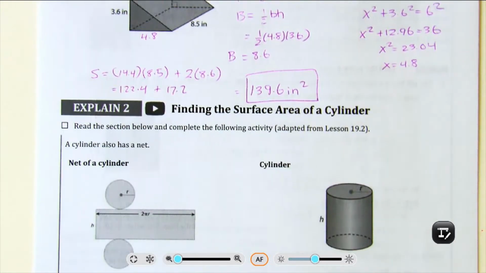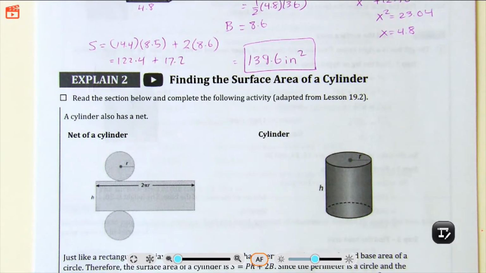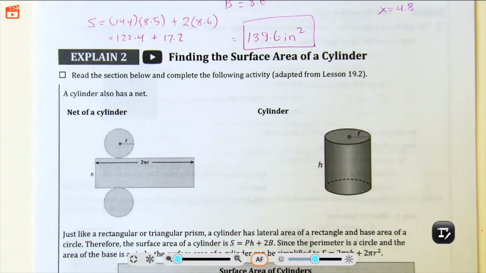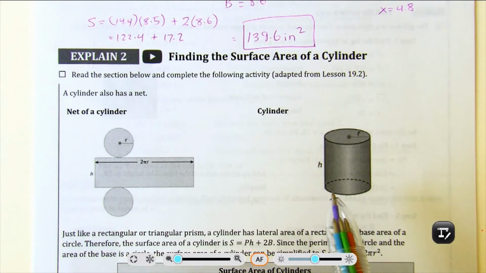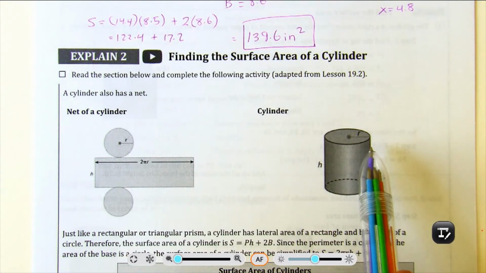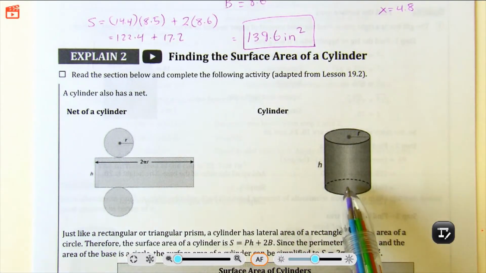Okay, so we're going to move on to how to calculate the surface area of a cylinder. Now, what this diagram is trying to show us, we have the three-dimensional object of a cylinder here, and this is the net.